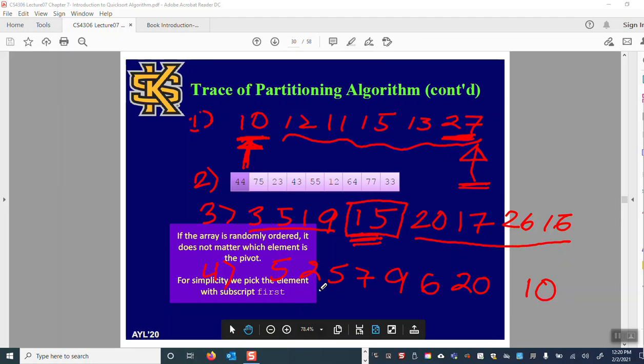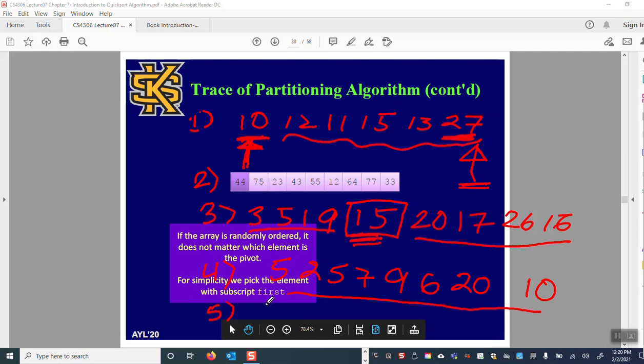Almost none of these elements are in place, so this will be one of our worst cases.